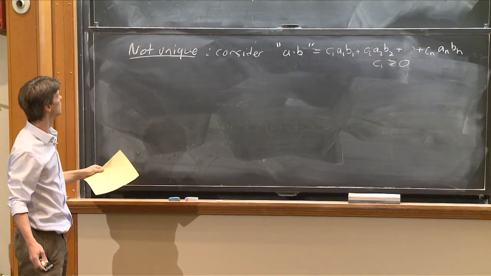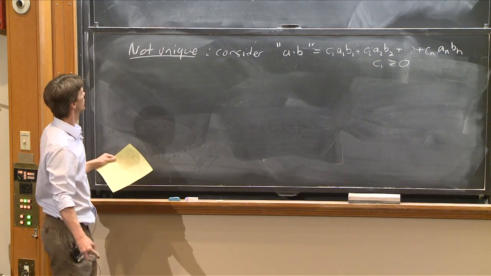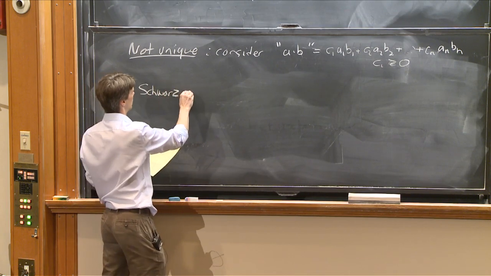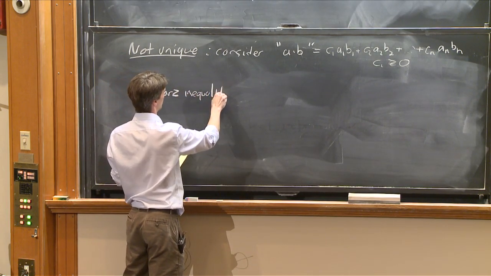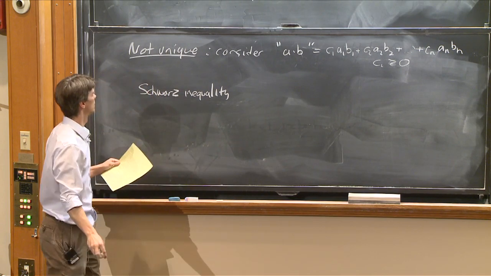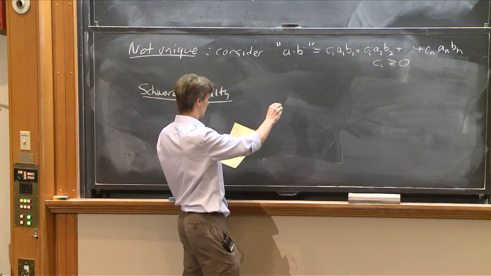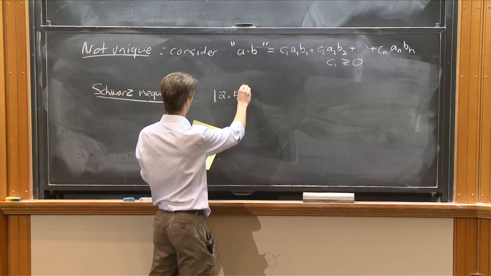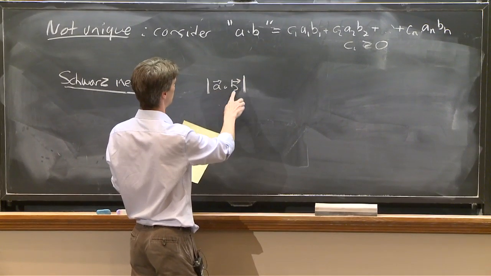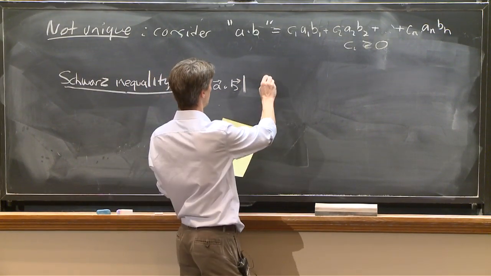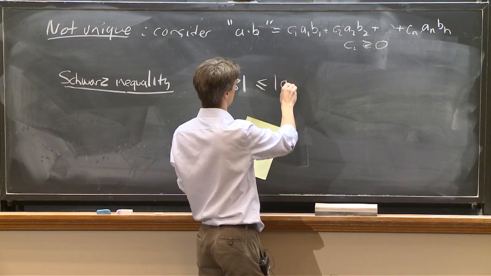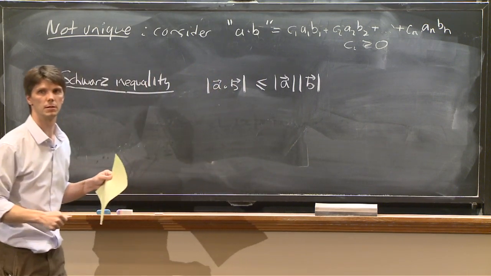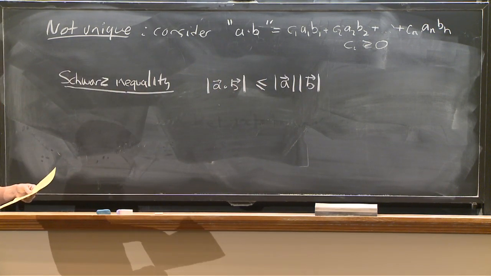But we could. And one other thing that we have is the Schwarz inequality. The absolute value of the dot product of A dot B is less than or equal to the product of the norms of the vectors, right?